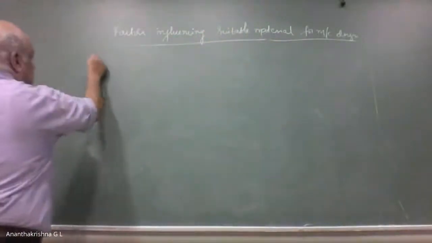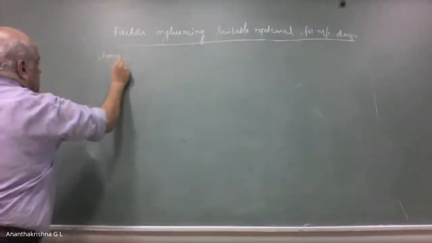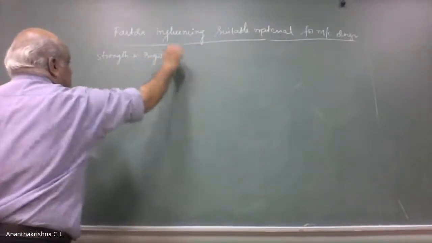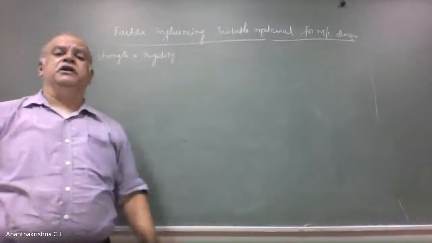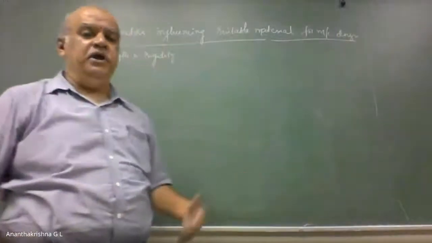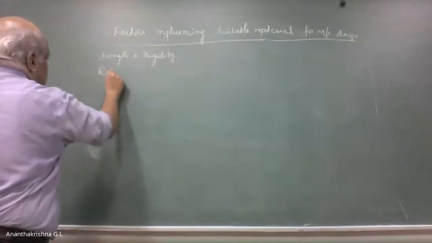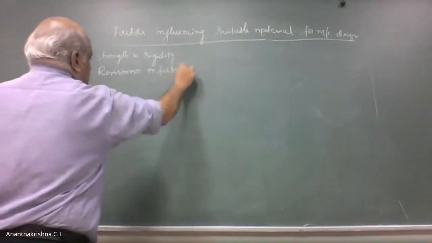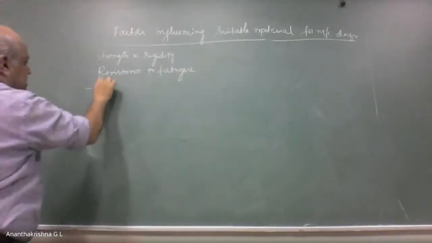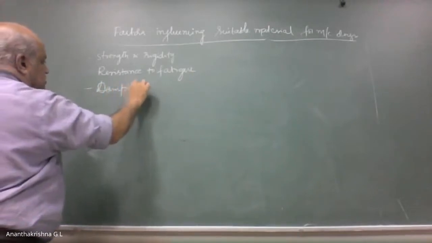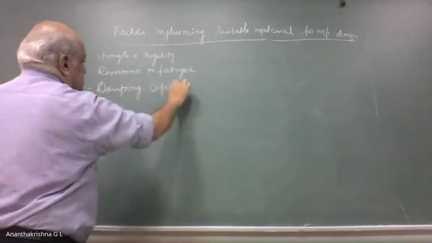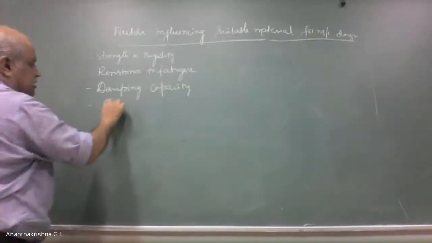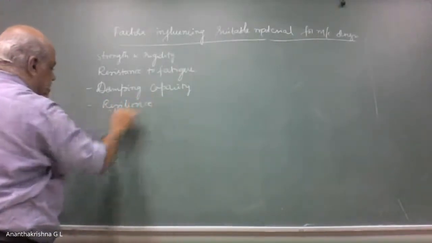So first one in that is the strength and rigidity. You have various properties: ductility and castability, machinability, forgeability, damping capacity. Next is resistance to fatigue. Next is damping capacity. Next is machinability, or I would say resilience. Next is maybe weight.